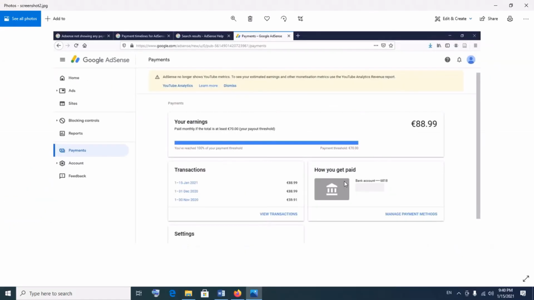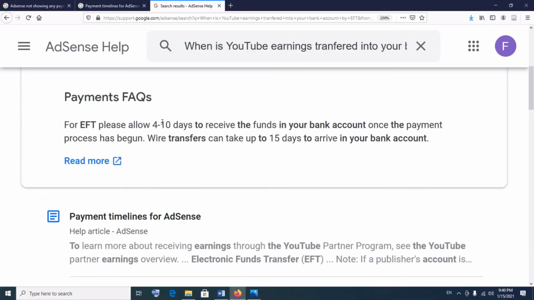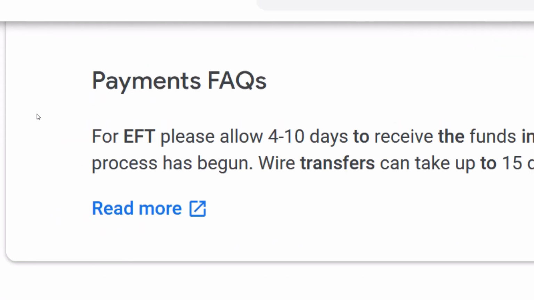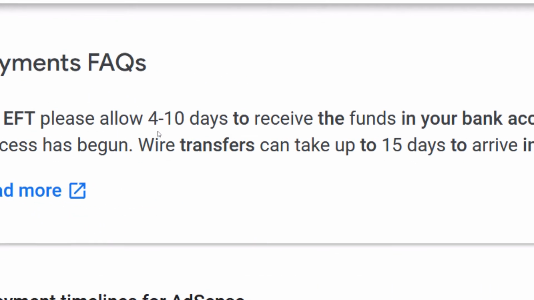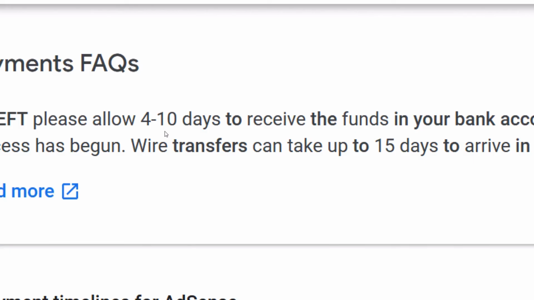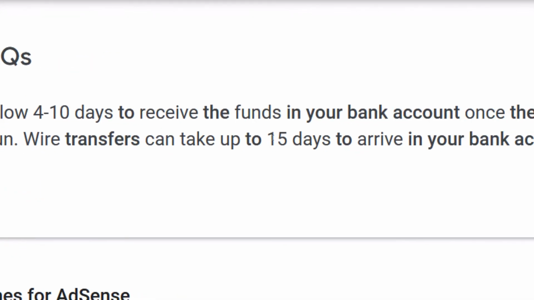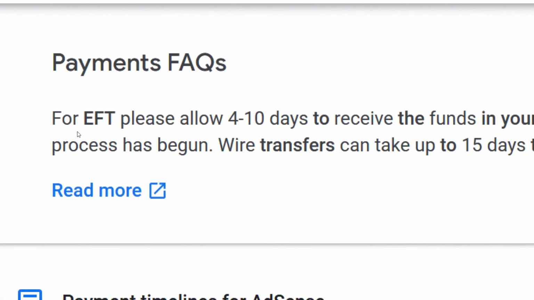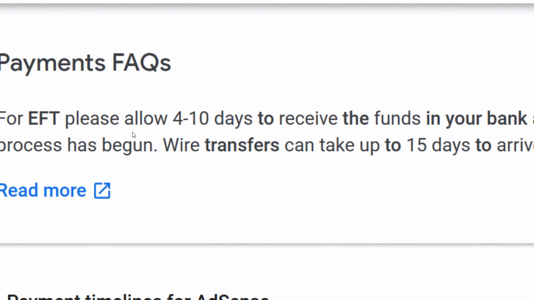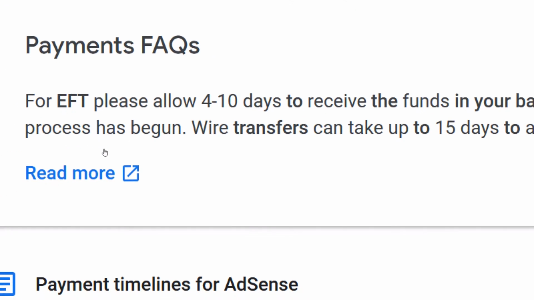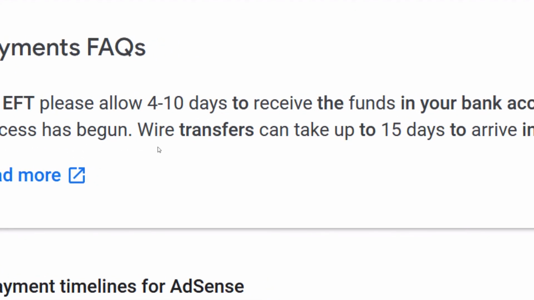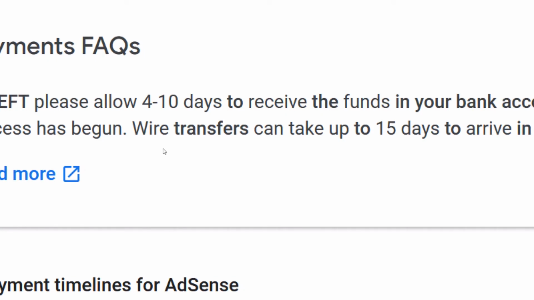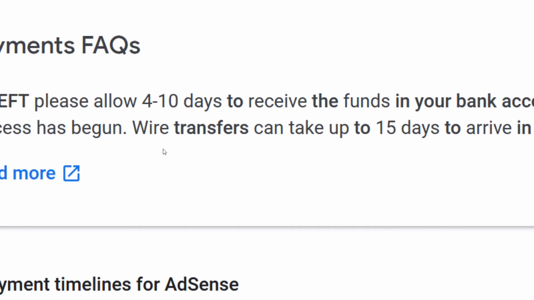Now, in case you are using EFT, it takes 4 to 10 days after you have received your last payment that made you exceed your payment threshold. Let me read it for you simply. For EFT or electronic funds transfer, like in my case, I have to wait 4 to 10 days after I received my last payment, which was on the 11th of January.